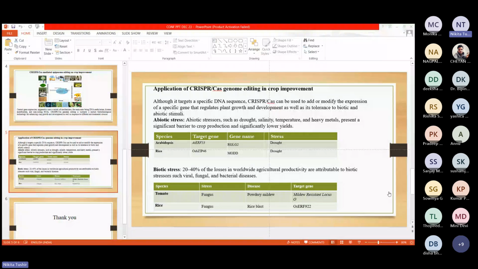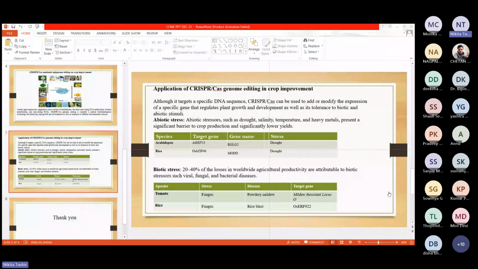In Arabidopsis, we have a targeted gene, shown in the slide, which helps in overcoming the drought stress. Likewise, in rice, we have a targeted gene which helps in overcoming drought in the rice plant.